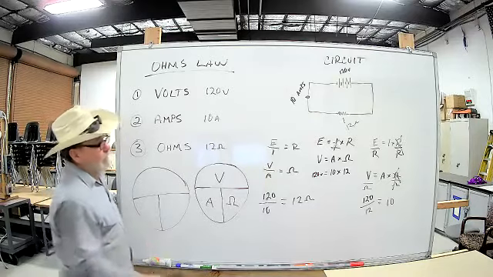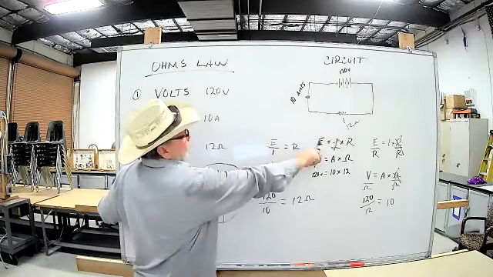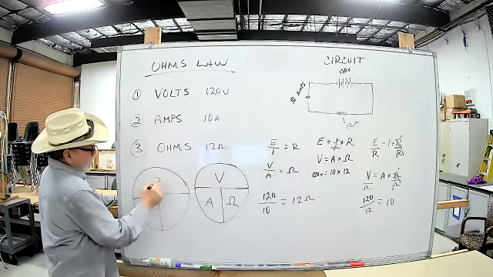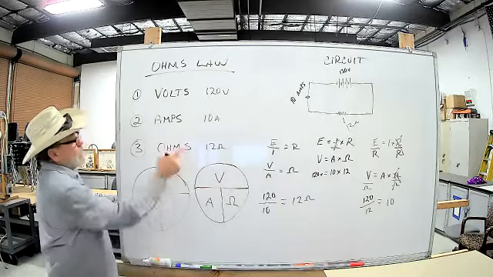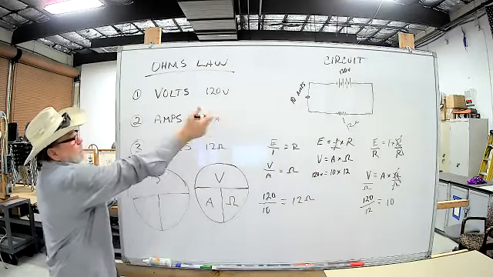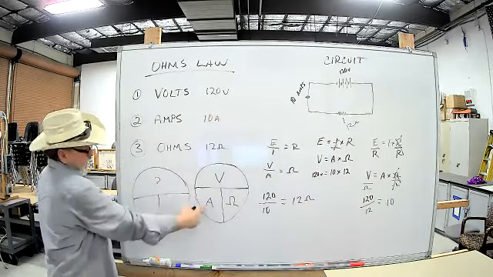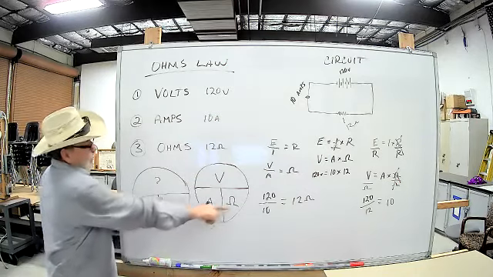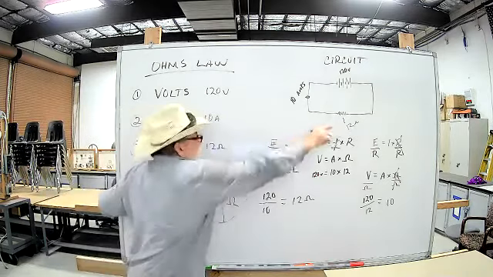So in this case, like the first one we did, we were looking for our voltage. So let's say we don't know what our voltage is, right? But we do know that our amps is 10. We know we have 10 amps, and we know we have 12 ohms.